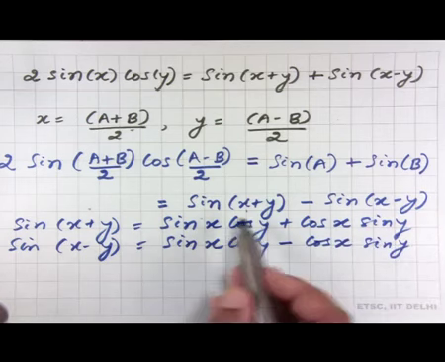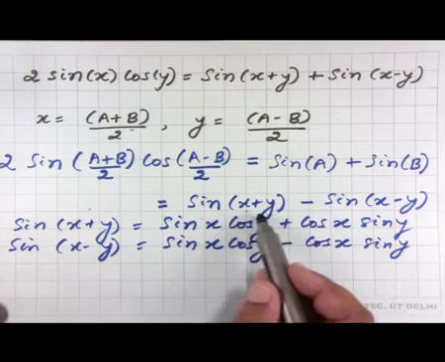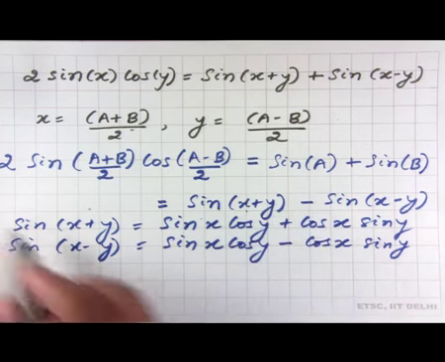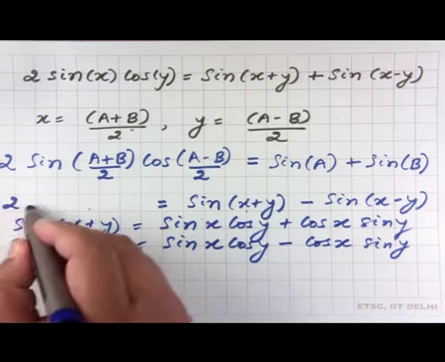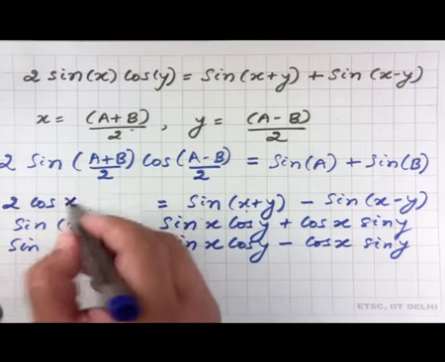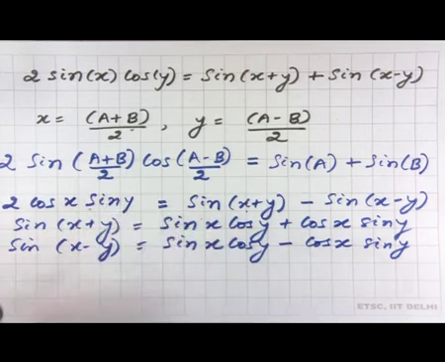So, if we subtract sin of x minus y from sin of x plus y, what we get is 2 times cos x sin y.